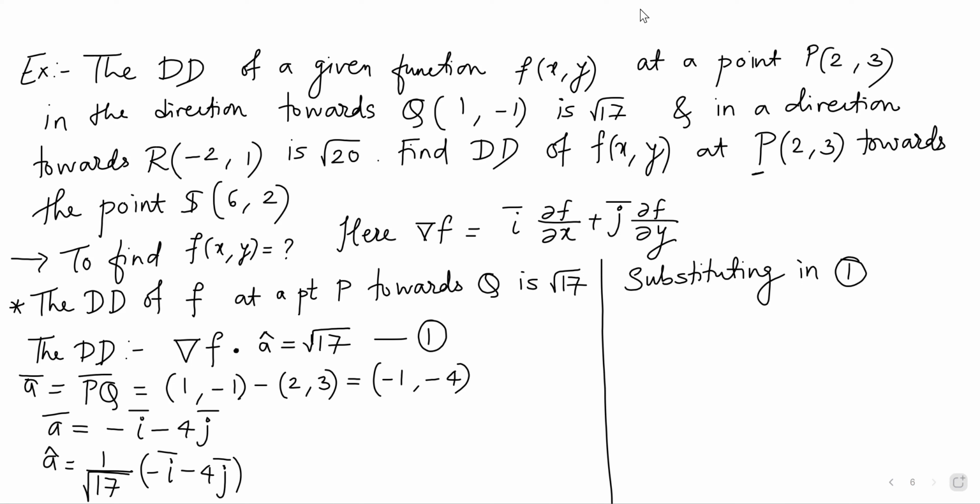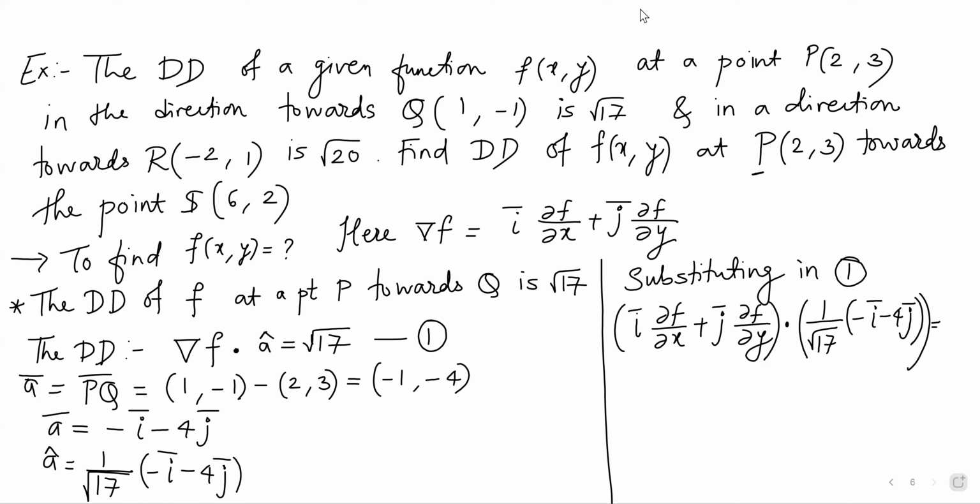What I get is del f. Del f is i bar times dabba f by dabba x plus j bar times dabba f by dabba y, dot a cap, which is 1 upon root 17 times minus i bar minus 4 z bar, equal to root 17. Correct? So take the dot product here.